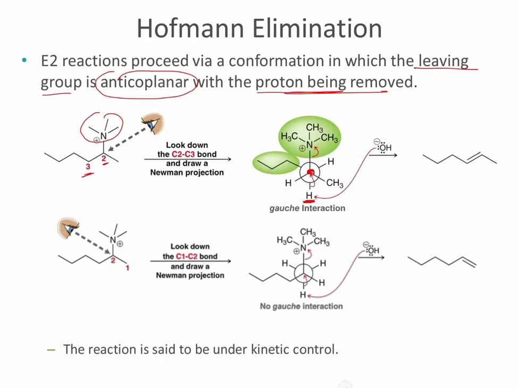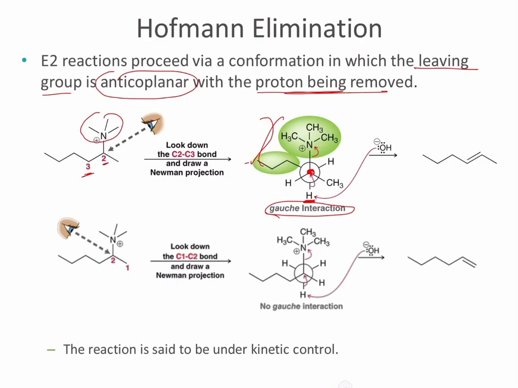The proton here is at the bottom, but on the carbon that's facing away from you. Then we're going to end up with gauche interaction. This is not favorable. Gauche interaction implies that the compound is under steric hindrance, that is the steric strain. It does not like that.